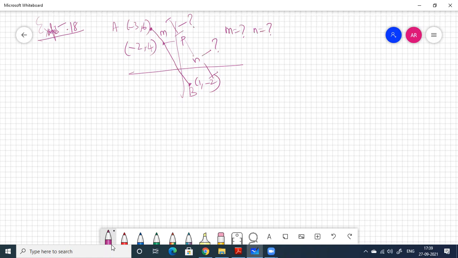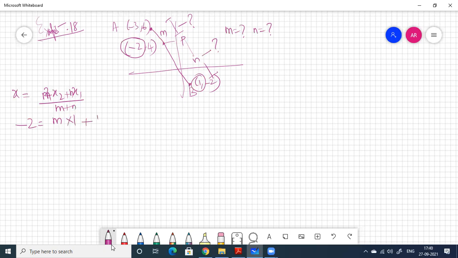Usually, x is equal to (m x2 plus n x1) by (m plus n). Here, x is -2, so -2 is equal to m into x2, and x2 is 1, so m into 1, plus n into x1.